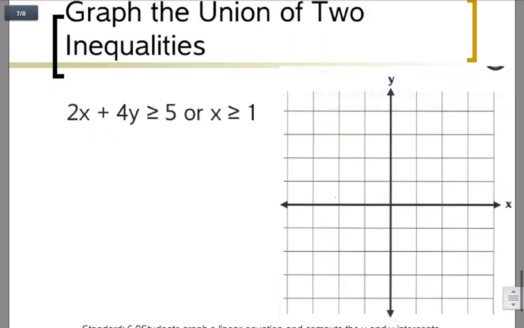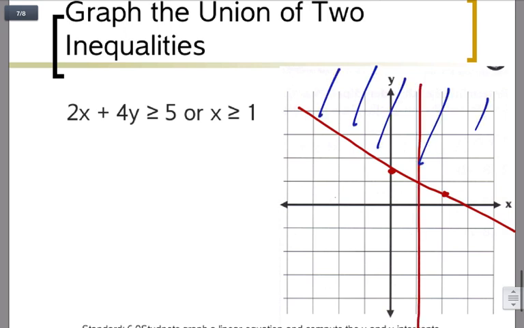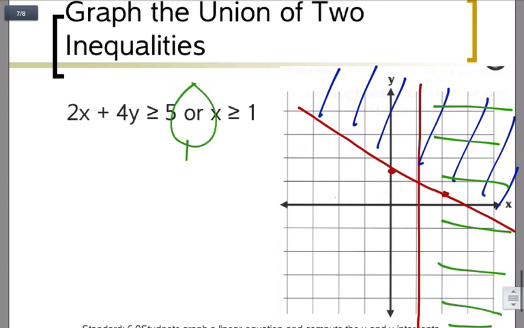So now let's check out an or. Now, as you can see, this is exactly the same graph I had before, so I'm just going to go ahead and plot it just like I had on the last graph. And what we'll see is that as I shade each one, this time we're looking at or. Or is flexible.